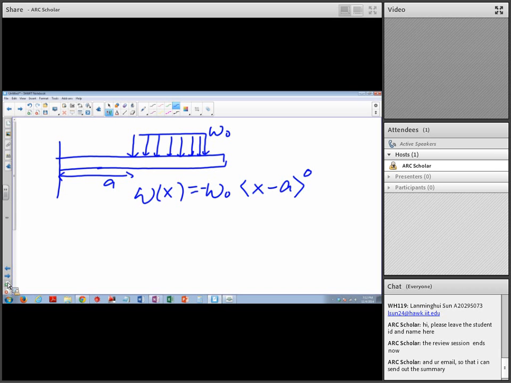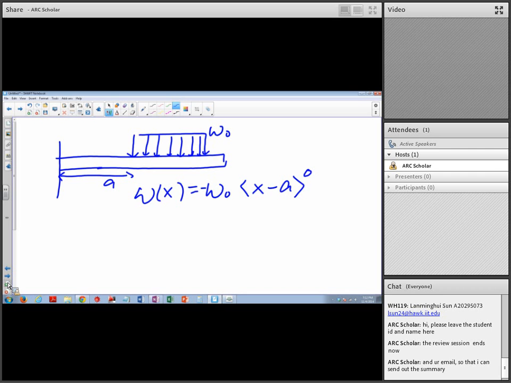So the triangular part is now starting from a plus b. And now I just need x minus a plus b to the power of 1. Get this one? Because my triangular load is starting from this point right here.